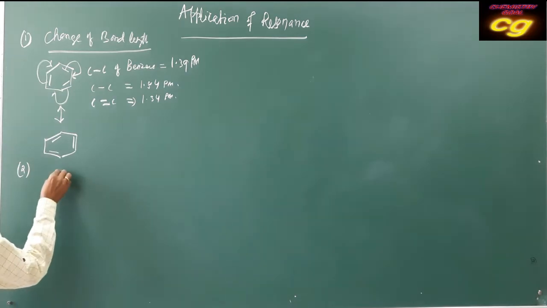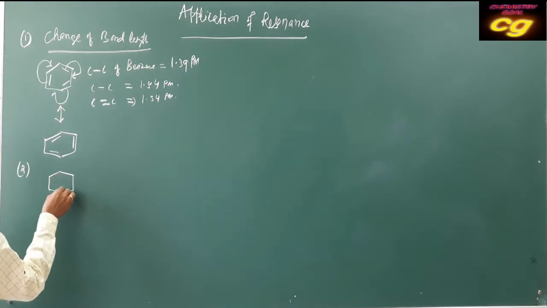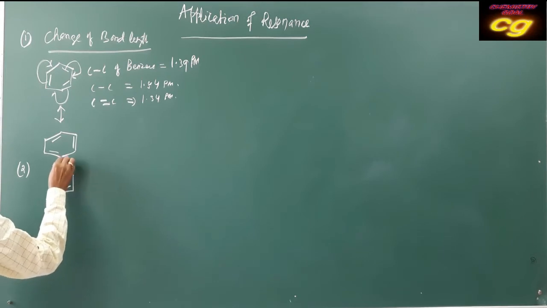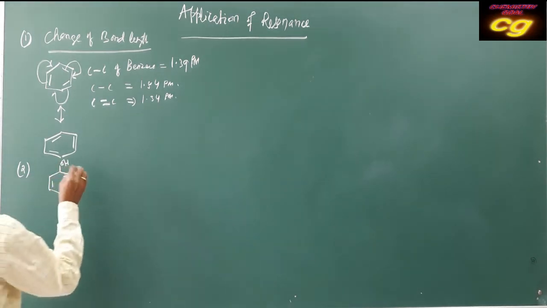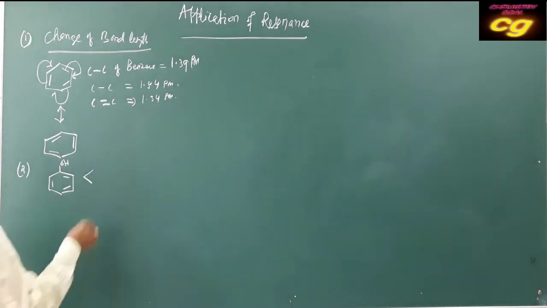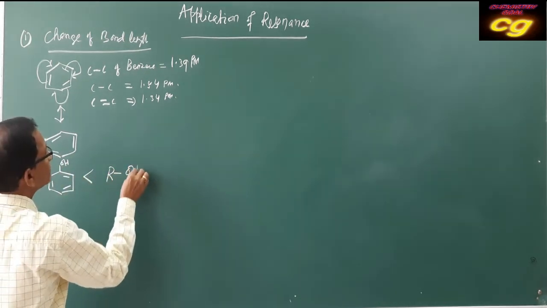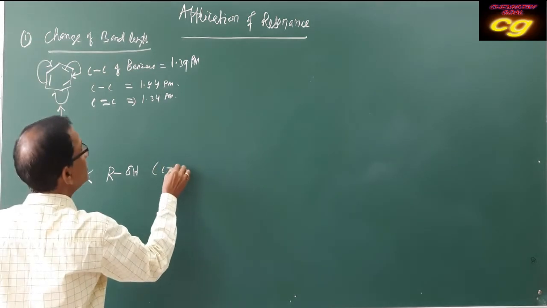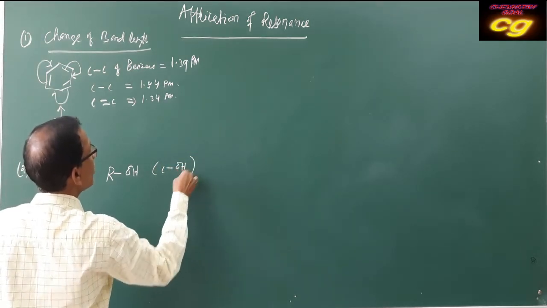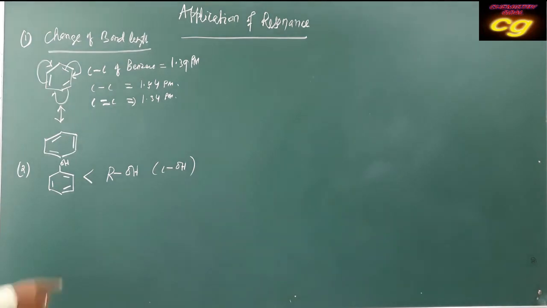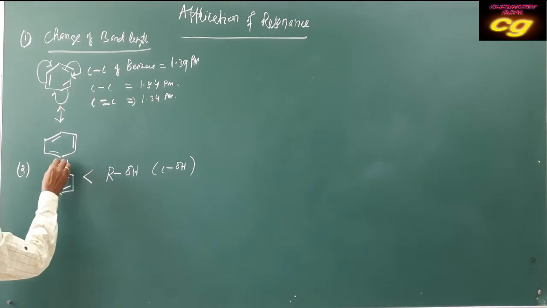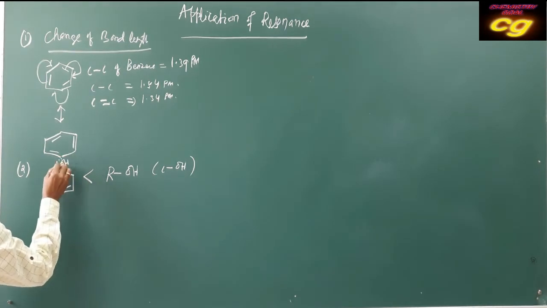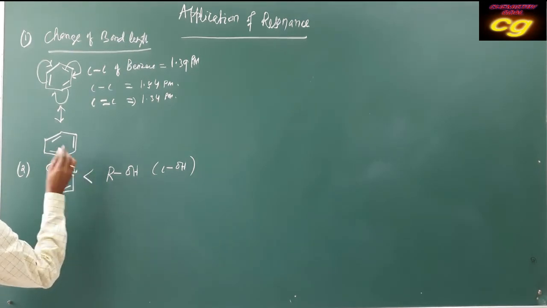Then the second application is phenol. The C-OH bond length of phenol is less than that of alcohol, because phenol has resonance. This is the resonance structure of phenol.